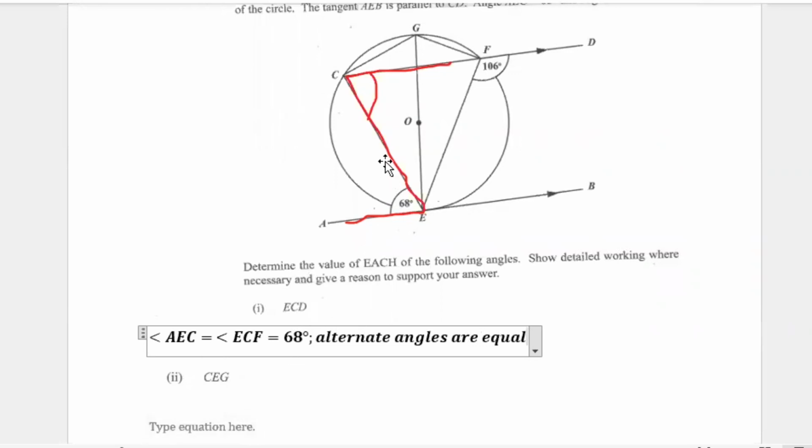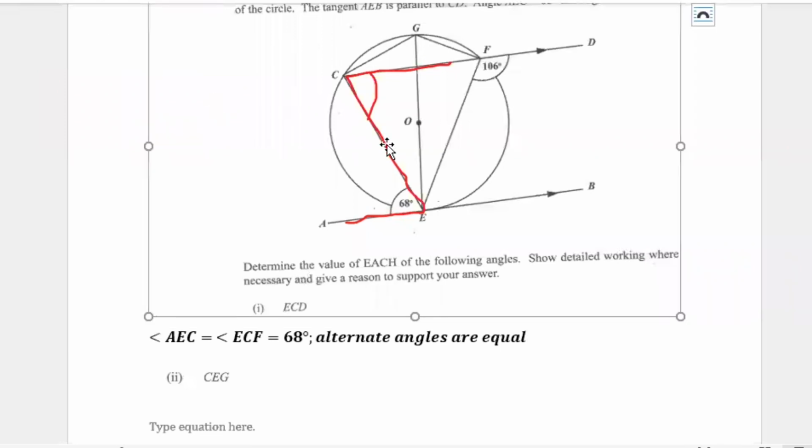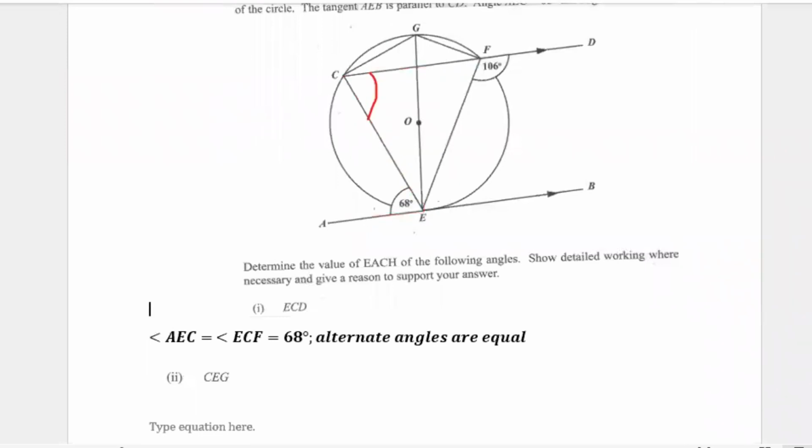Next, they want us to find CEG. Now, that is where the tangent that we just spoke about comes into play. So when a tangent meets a radius, they want us to find CEG.